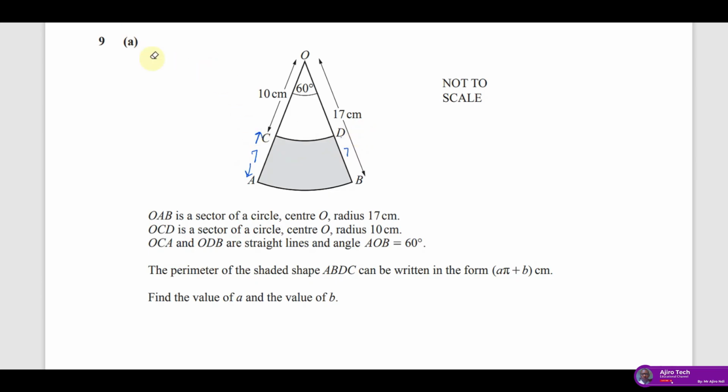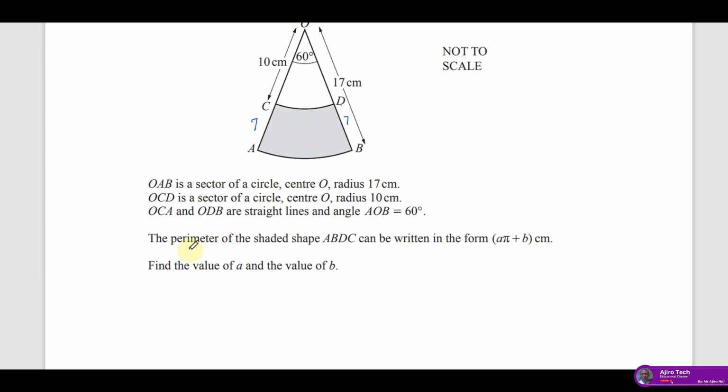So the thing you want to do is to look for the 2 arcs. Once you get the 2 arcs, you can find the perimeter in this form. So, how do you find the length of an arc? Arc length is theta over 360 times 2 pi r.